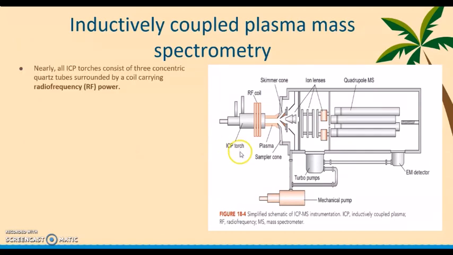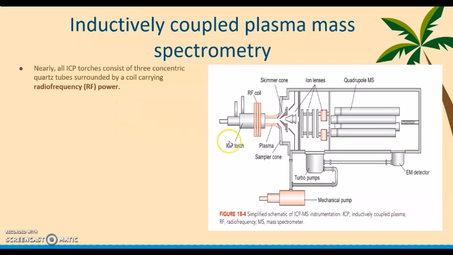So, this is an example again of a simplified schematic diagram of the ICP-MS or inductively coupled plasma mass spectrometry. Nearly all of the ICP torches consist of 3 concentric quartz tubes that surround a coil carrying radio frequency power.